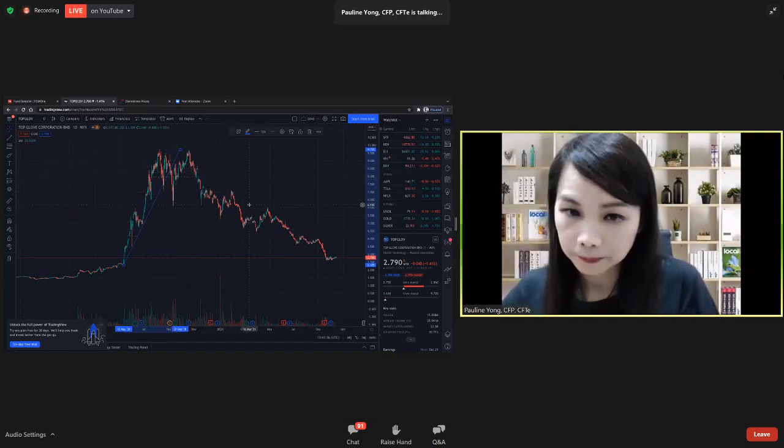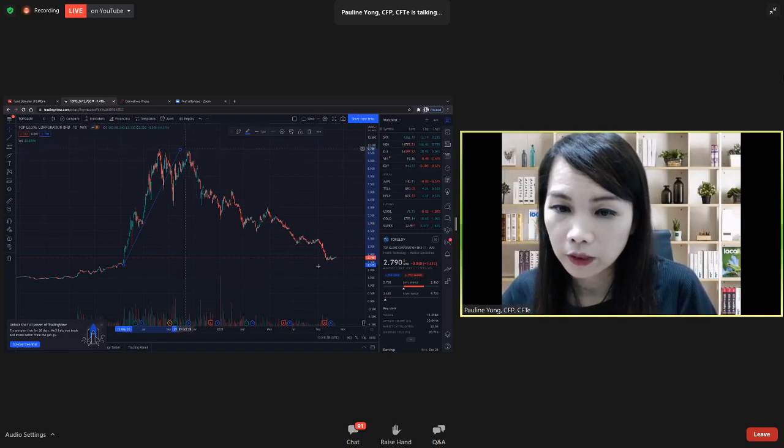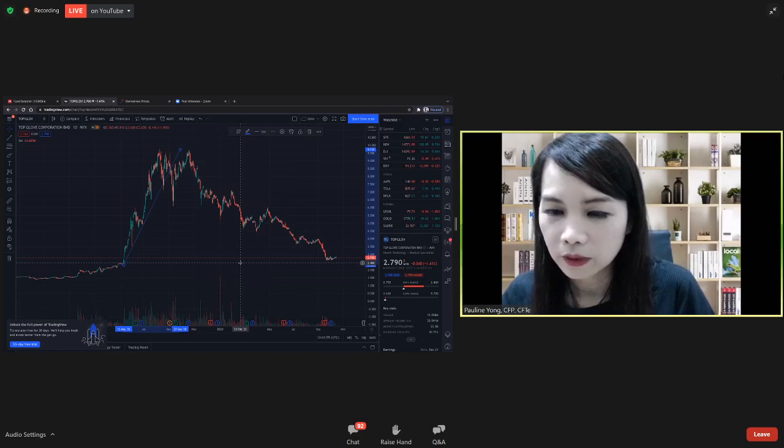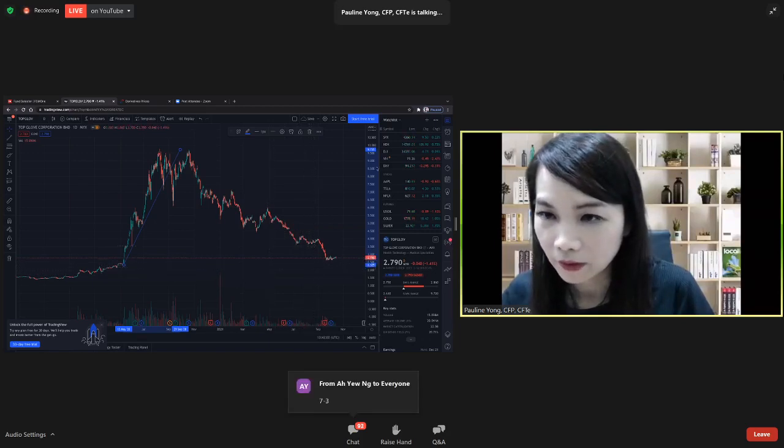Okay, back to here. If you are looking at this, you have to be careful about the wave number 3. How are you going to look at this wave number 3? Actually what I see is that wave number 3 could be the top of the wave number 3.